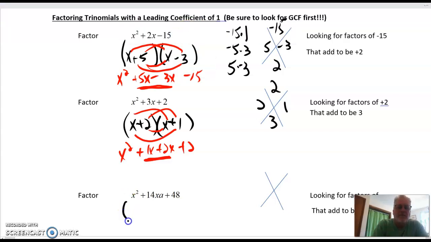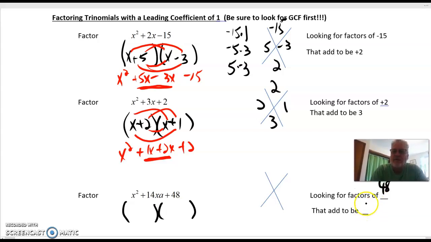Okay, so put your sets of parentheses down here. I'm looking for factors of 48 that add up to be 14. So put 48 here and then 14 down there. 48 times 1, 24 times 2, 16 times 3, 12 times 4, and then 8 times 6, and you go, oh, right there.